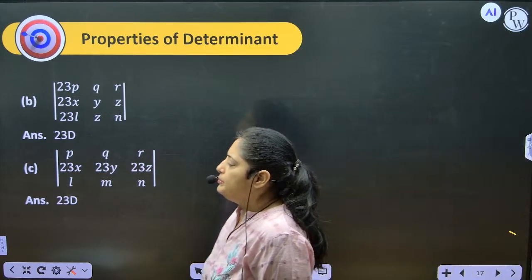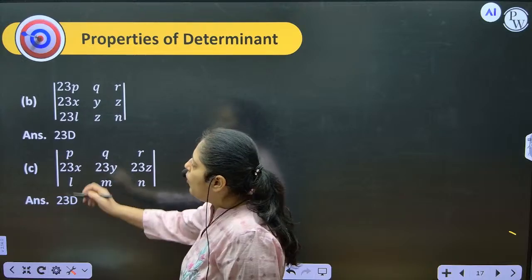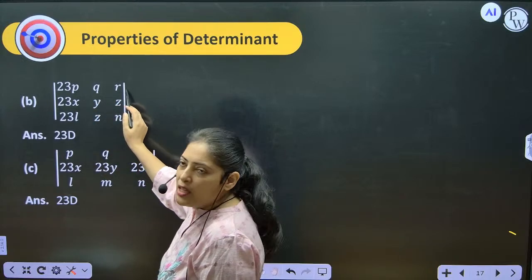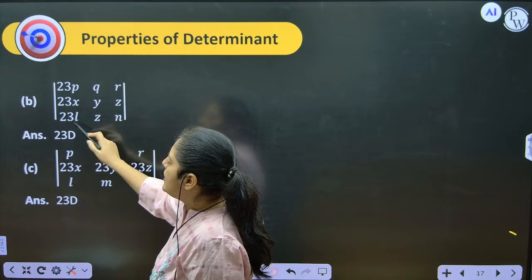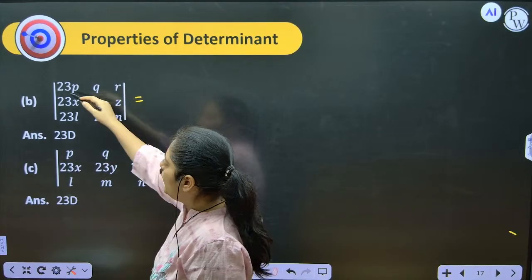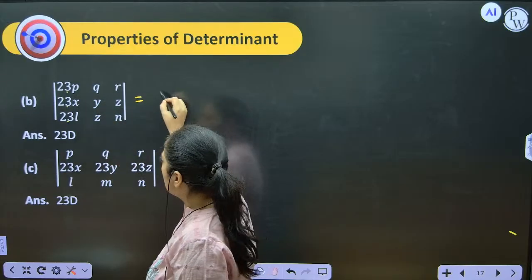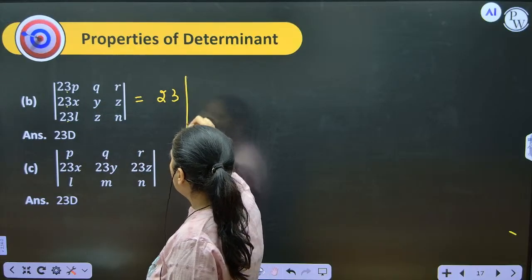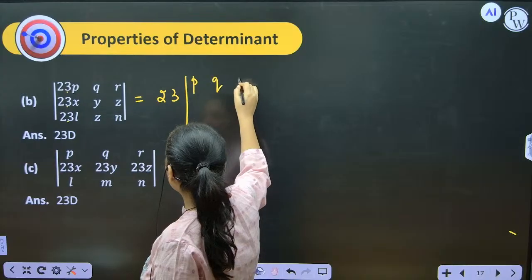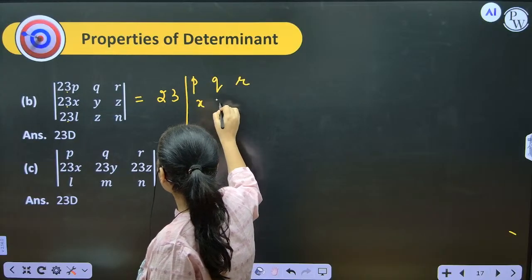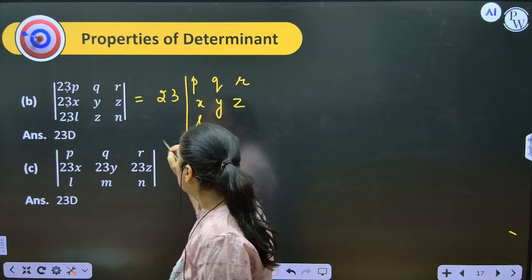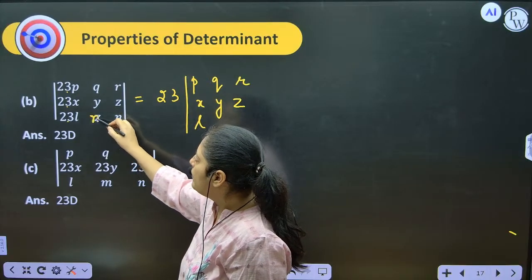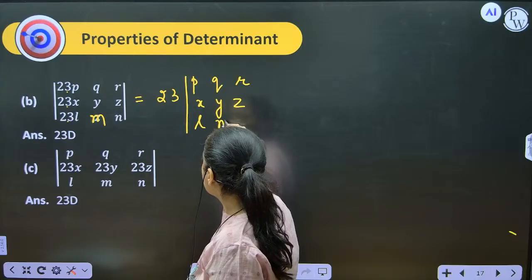Now see, what PQR was the first one. XYZ element. Now what I can do? 23 is here also, here also, here also. This 23 I can take common. What I am left with? PQR, XYZ, L, this will be M, not LM.